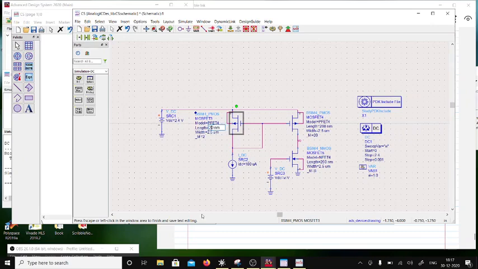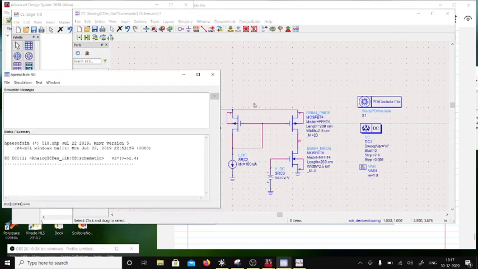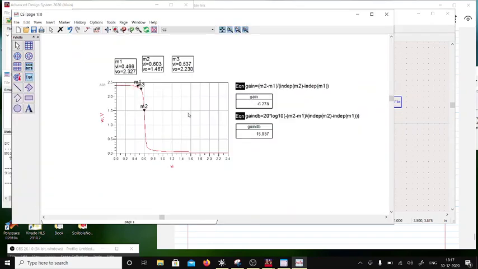What is going to happen is the gain is going to go up by changing the length. If I do that, I have to readjust these. So 3 is around 1.2.